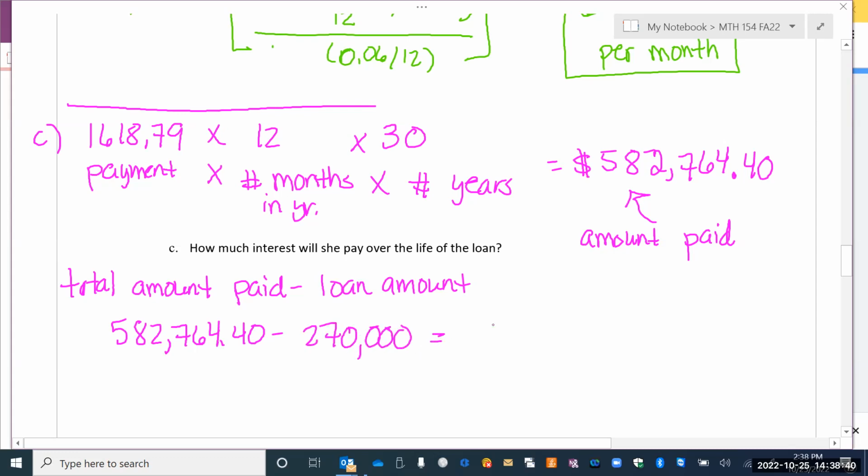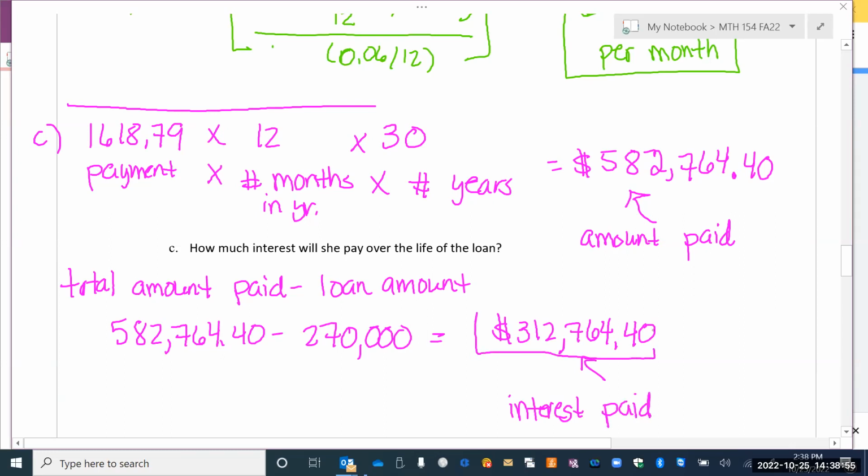So in interest, she pays $312,764.40. That's interest paid. And yes, your housing loans can work like this, depending on the interest and how long you do them. All right, next one.